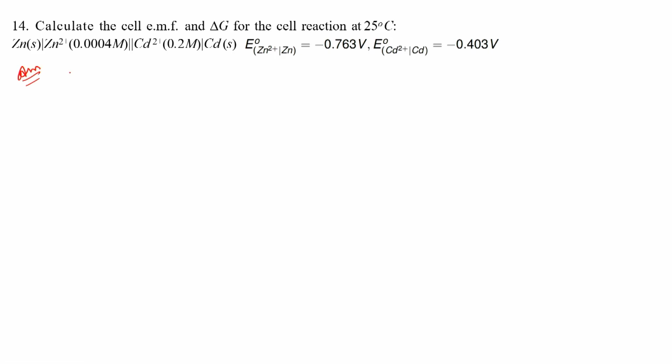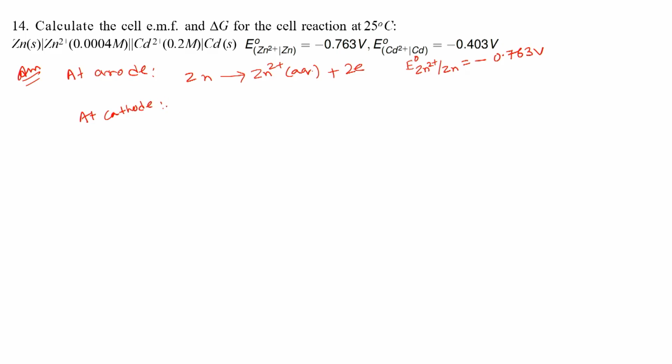So at anode, oxidation takes place. So Zn goes to Zn2+ aqueous plus 2 electrons, and the corresponding E naught value for Zn2+ to Zn is minus 0.763 volt, and at cathode reduction takes place.